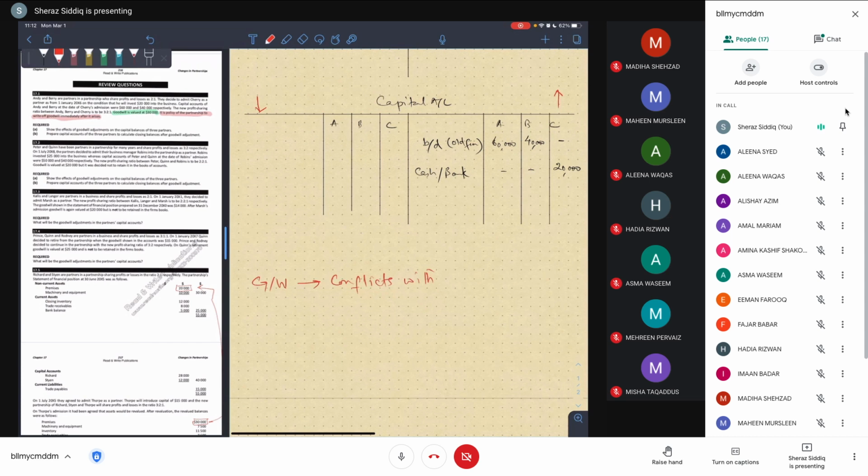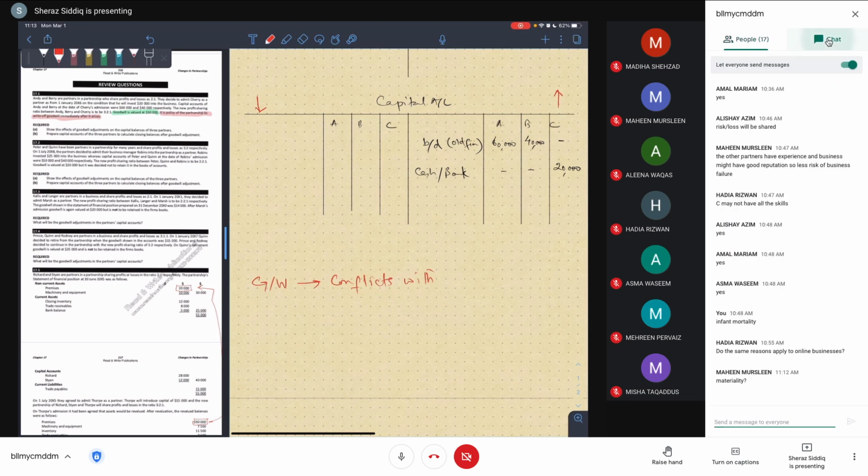So all of these benefits, in this case, we have determined that 30,000 is the value of the goodwill, but that determination of the value of goodwill is basically conflicting with one particular accounting concept. And Maheen says materiality.